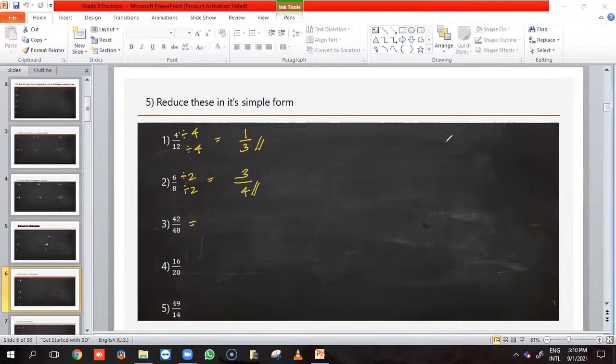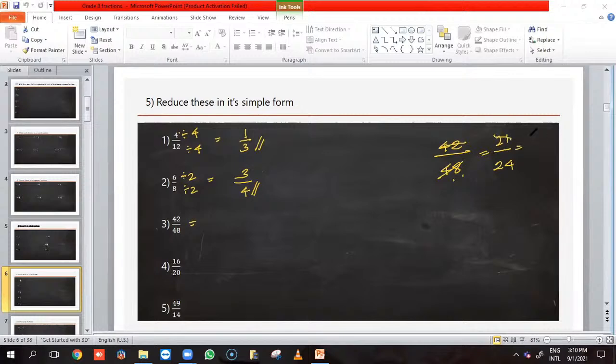So straight away, if you can't get the maximum possible number, the best thing is to see that the numerator and denominator are divisible by 2, right? So you can write 21 and this is 24. Again, you can see the maximum number you can divide by is 3.